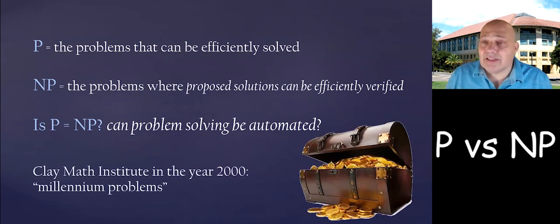It was acknowledged at the beginning of the century as one of the millennium problems. It carries a nice prize, but in fact, I think that this $1 million prize is just the tip of the iceberg for anybody that would solve it.